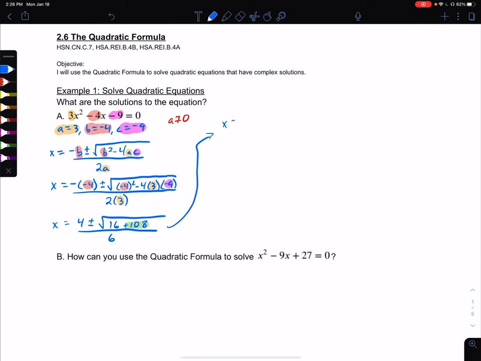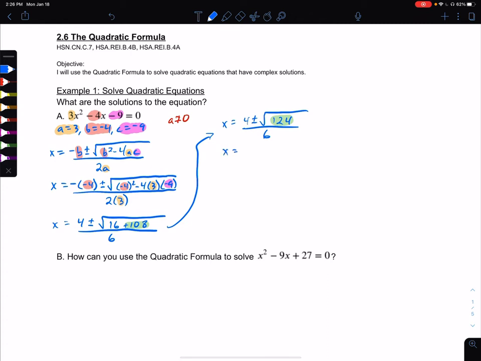So x would be equal to 4 plus or minus the square root of 16 plus 108, which is going to be 124, over 6. Sometimes you're done here, most times you are not. You do need to look to see if you can simplify this and if part of that can come outside of the radical.